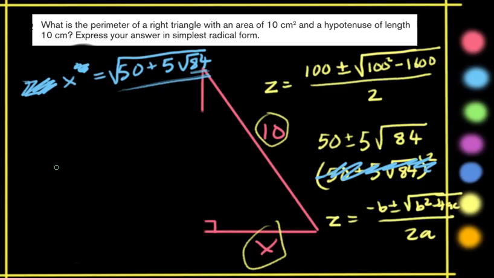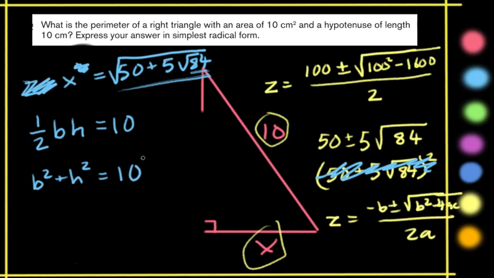There's a little trick to this problem. So let me write this out here. We had 1/2 the base times the height was equal to 10, right? And we also had that the base squared plus the height squared was equal to 10 squared. And I think what I want to do is combine these two equations so that I get a perfect square over here.